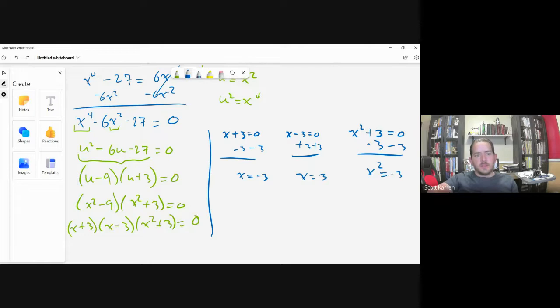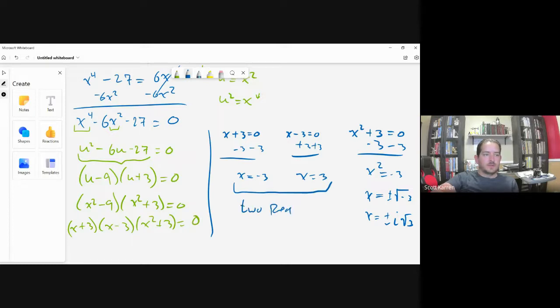Then I get x equals plus or minus the square root of -3, or x equals plus or minus i times √3. So I'm going to have 2 real solutions and 2 imaginary, or let's call it complex.